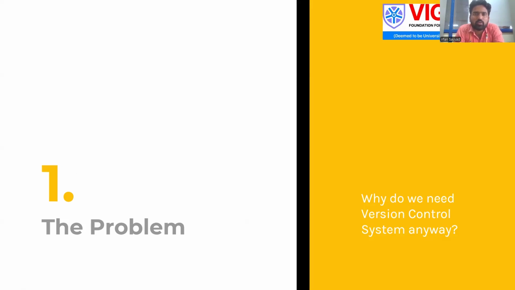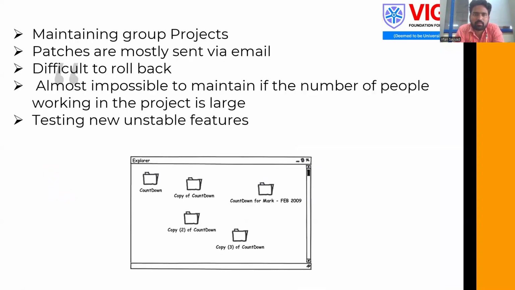So first one is the problem. Why do we need a version control system anyway? Let me take one project. In a project, maintaining group projects, mostly a project means at least five to 10 people are working on it. Individuals having their own work, if they complete their work, they are going to share it through mails only.